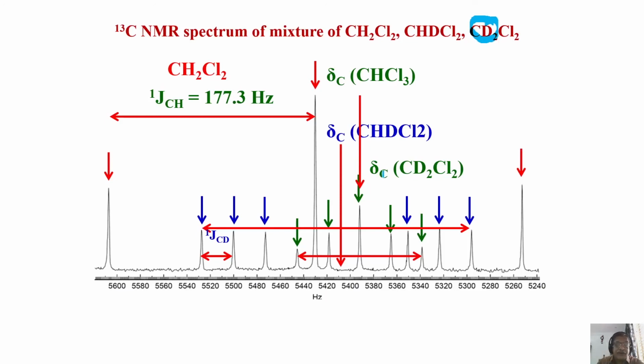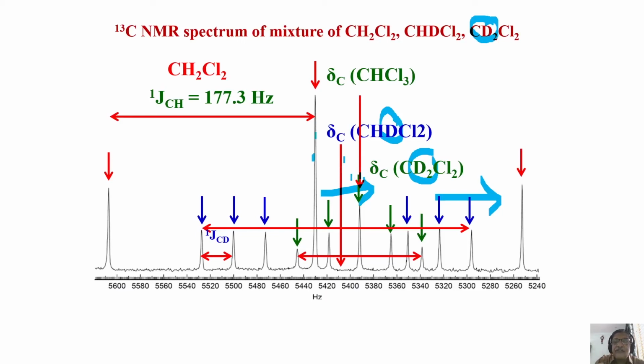Another important point you should appreciate: when the heavy isotope is substituted, peaks are always shifting to the right. When one heavy isotope is there, from here it shifted here. And when two isotopes are there, from here it shifted here.